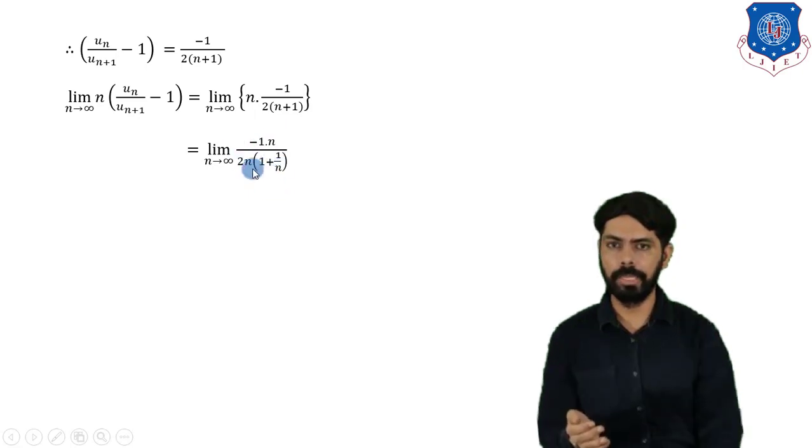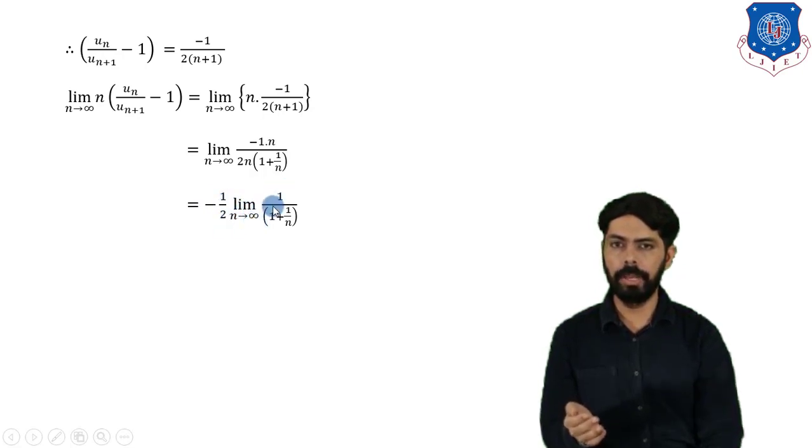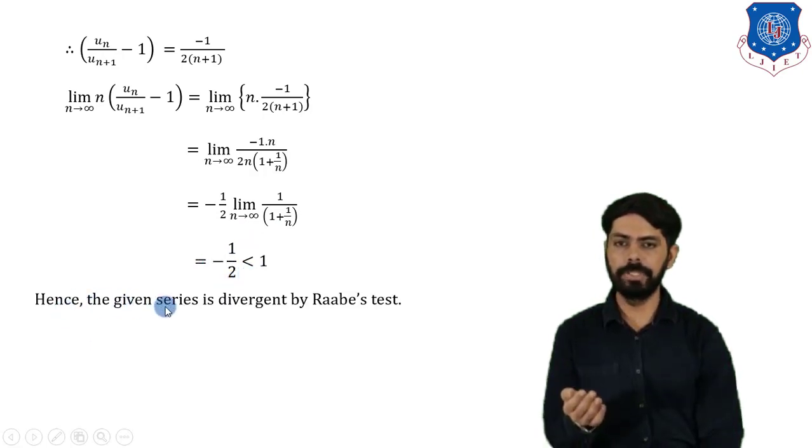So here n cancels out, so it will be minus 1 divided by 2 into limit n tends to infinity 1 divided by (1 + 1/n). So here we will replace n by infinity, so 1 upon infinity will be 0. Therefore this will be minus 1 by 2 into 1, so it will be minus 1 by 2, which is less than 1. Hence the given series is divergent by Raabe's test.